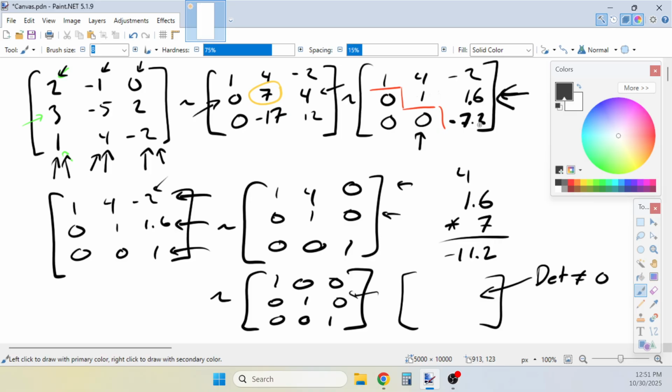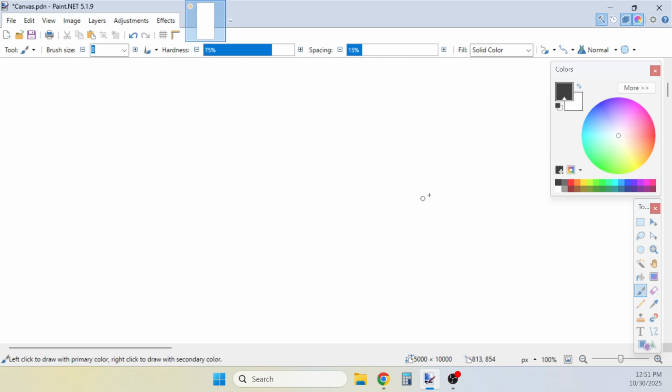I'll throw in some questions: write the following logarithm.